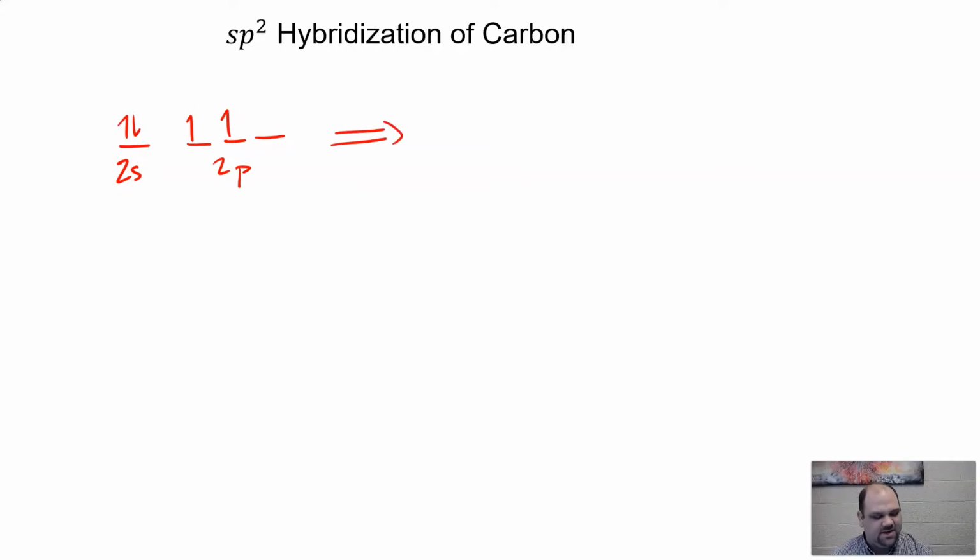If we undergo sp2 hybridization, what we end up with is something that looks a little bit like this. These are sp2 hybridized, and we still have a 2p left over. It turns out that even though he was never hybridized, he still gets an electron.